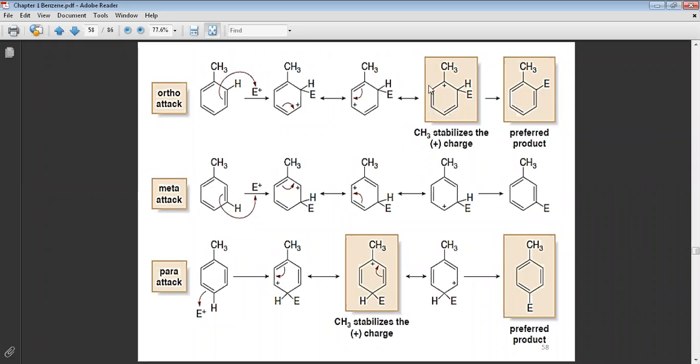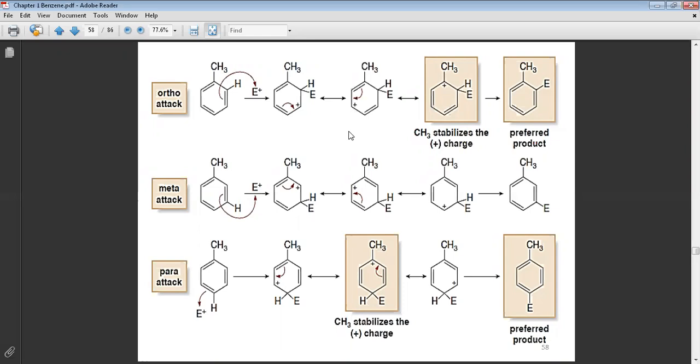Why? Because the methyl group directly donates to the positive charge. The carbocation directly bonded with the methyl will be more stable than the carbocation where there is no methyl group directly bonded to it.